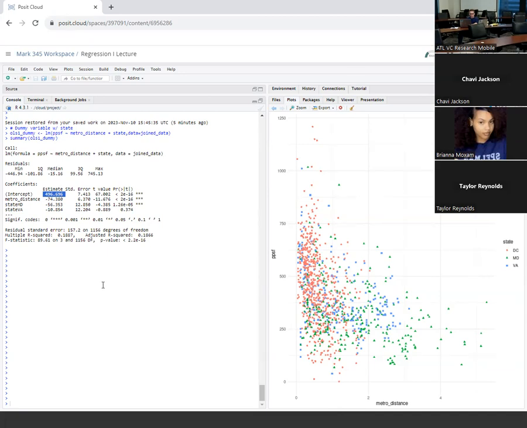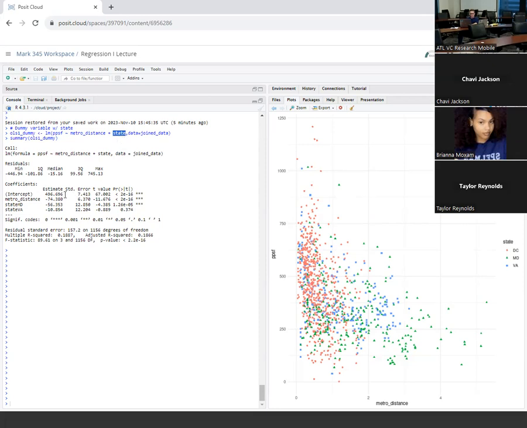This means that the pricing of the houses is estimated to be $496. Okay, and for which houses? The houses within DC. Okay, exactly. Because I use the state variable here in my regression, I know that this intercept, because DC is the first alphabetically in the variable state, it shows up here.